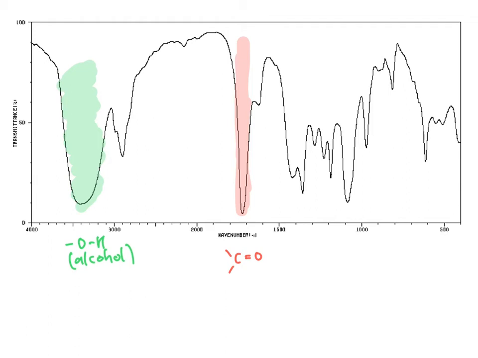This has two separate functional groups. It has an OH from an alcohol, and it has a carbonyl somewhere else. It could be an aldehyde or a ketone at that part of the molecule, but we don't know. But they are two separate functional groups, and you've just got to be wary of that. You've just got to not assume that if you see a carbonyl and an OH, it must be a carboxylic acid. You've got to look at the evidence, you've got to look at the absorption wave number, and you've got to be really careful about that.